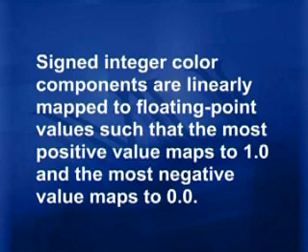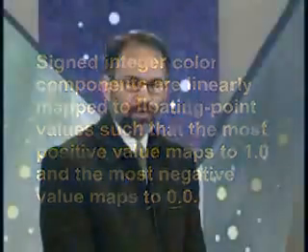Signed integer color components are linearly mapped to floating point values such that the most positive values map to 1.0 and the most negative values map to 0.0. Now, it is important to note that the value clamping process does not take place before the operation is carried out. So originally, when we perform this operation, the values would be used the way they are calculated, and the clamping process would be done thereafter.